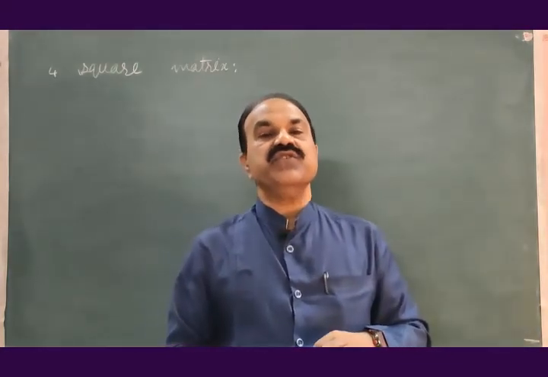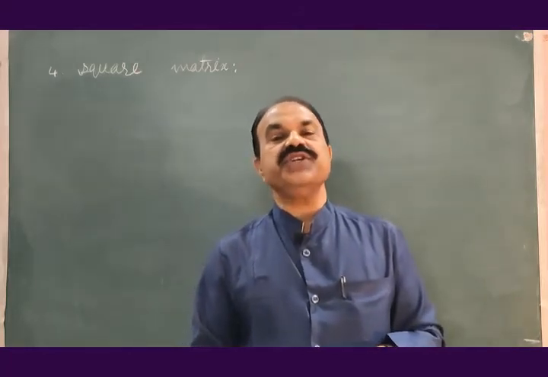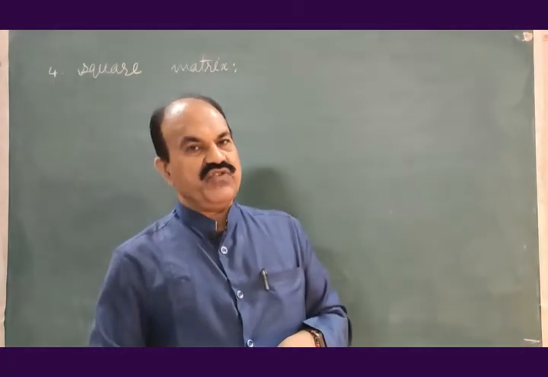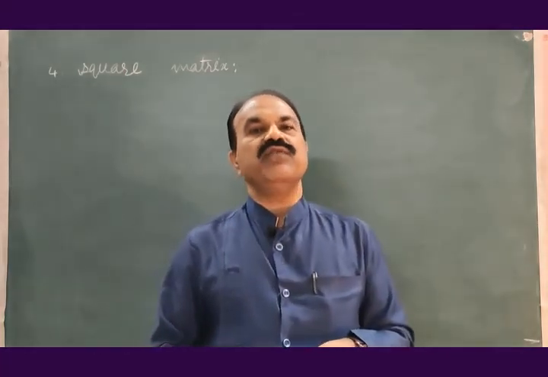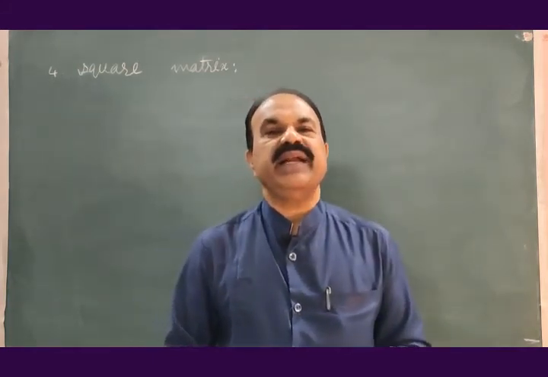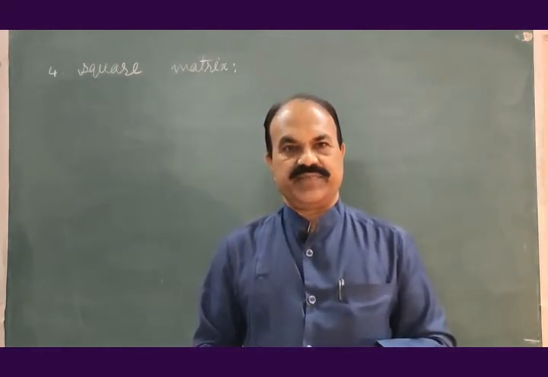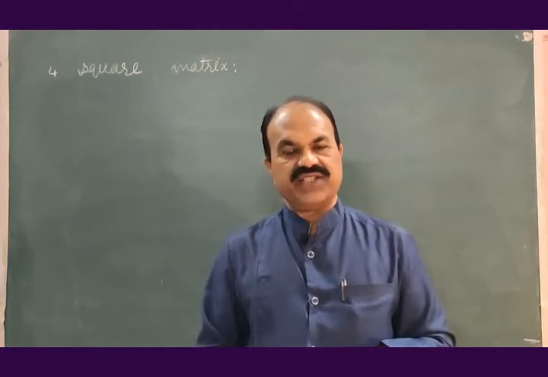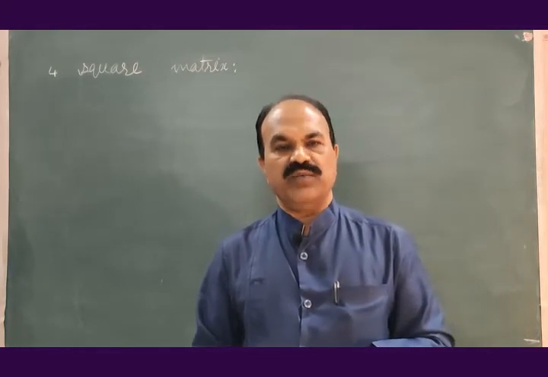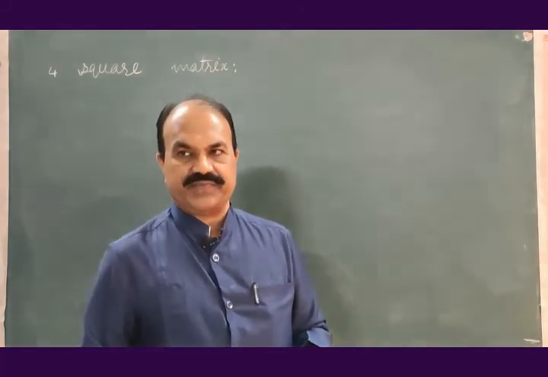The matrix which has the number of rows equal to the number of columns is known as a square matrix.